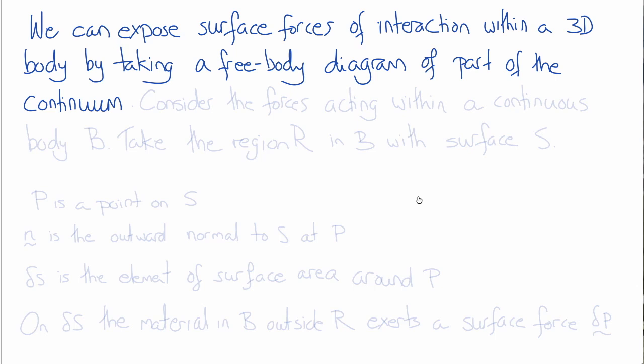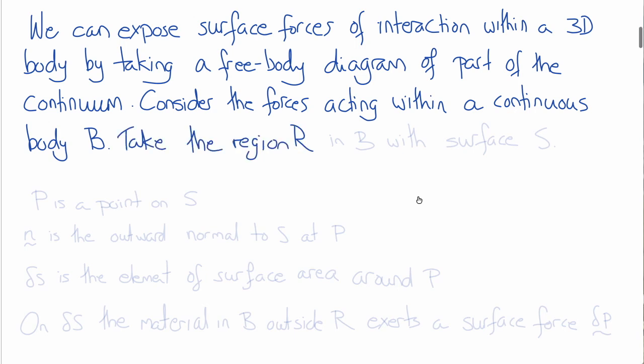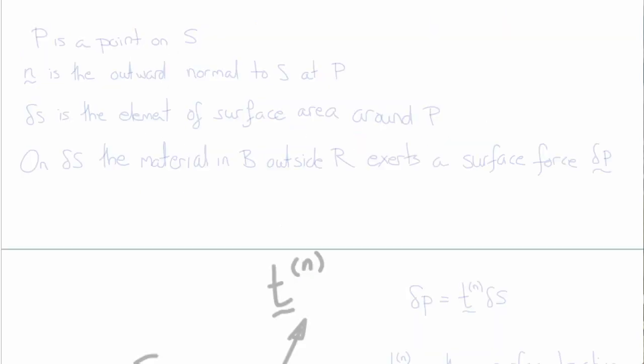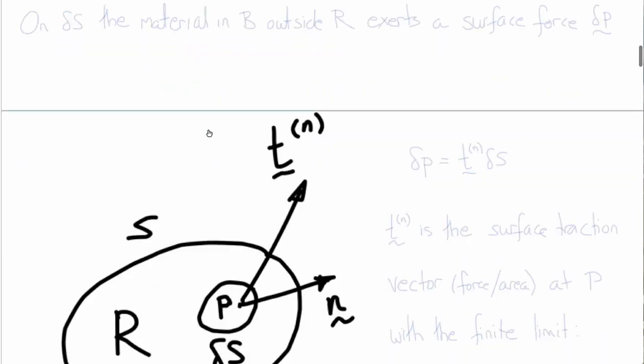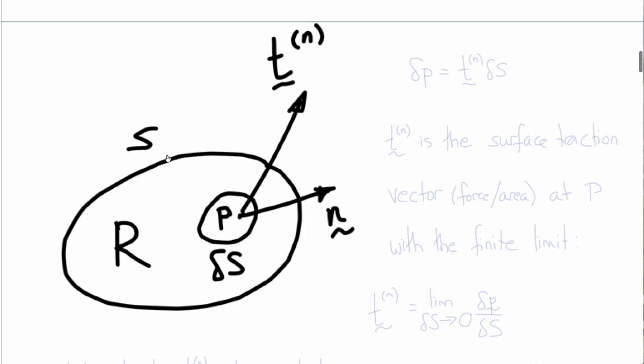Imagine that there are forces acting within a continuous body B, and then we'll take a region R inside B that has a surface S. So here in our diagram, we have our region R within the body with surface S and a point P on the surface with outward normal N, area in its immediate vicinity of delta S, and a traction vector acting on it, T superscript N.